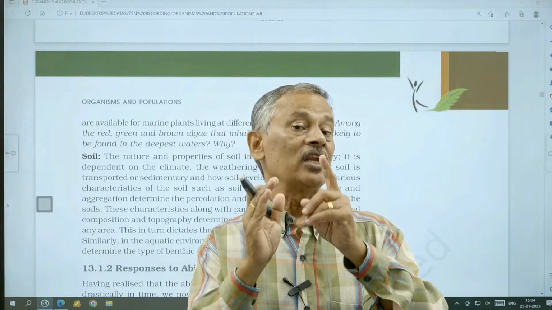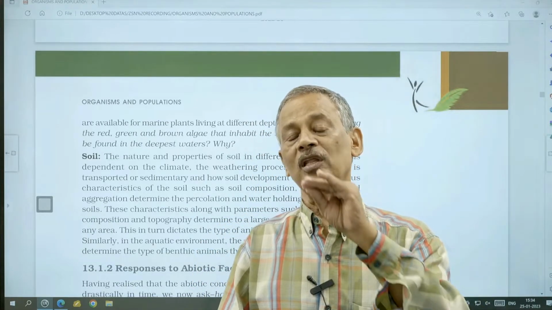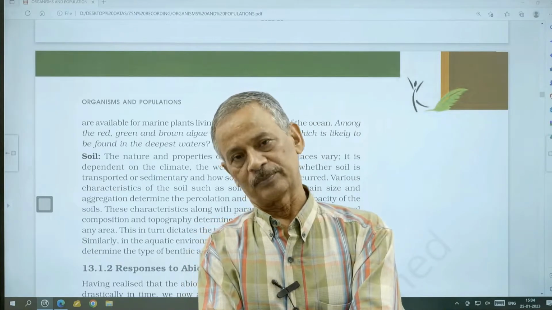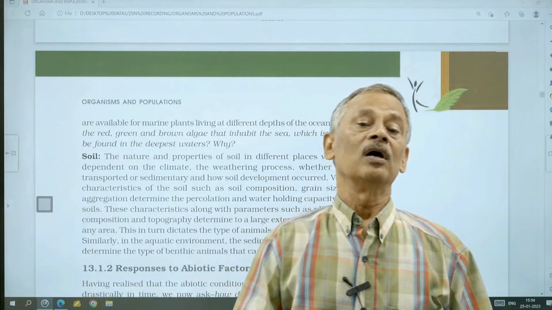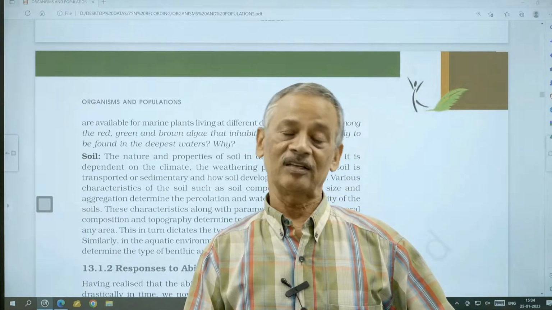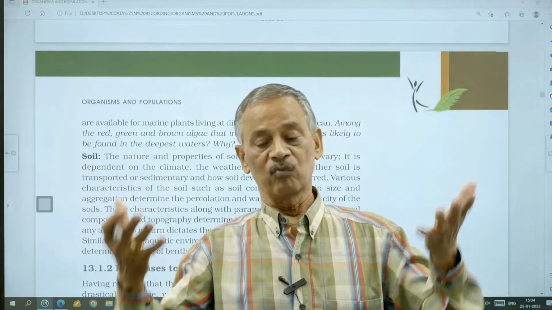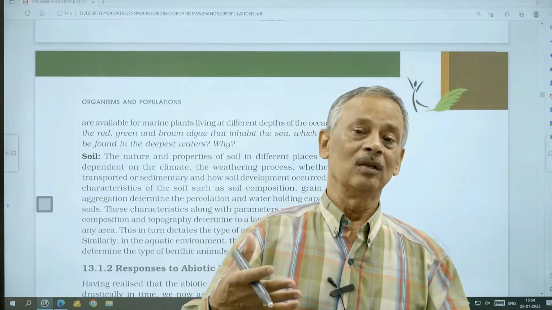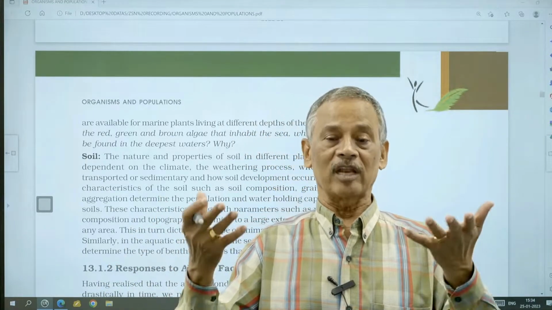In the study of soil, we have to study not only the physical and chemical properties of soil, but also the nature of the soil surface. Topography is also very important: whether that area is a valley or a hill or a sloping area, or a tableland.